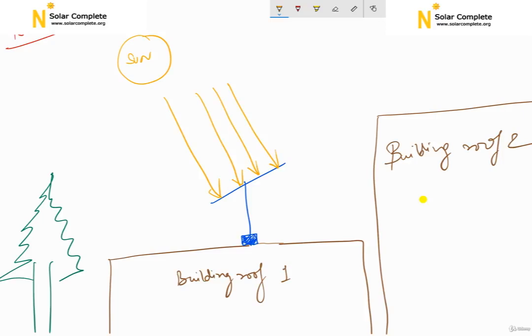Okay, but in DHI there is one category we can see called albedo. So these rays which first hit the ground or the roof, then come on the solar panel surface, those rays are especially under the category of albedo, and albedo is under DHI only, right? So this is the concept of DHI and albedo.